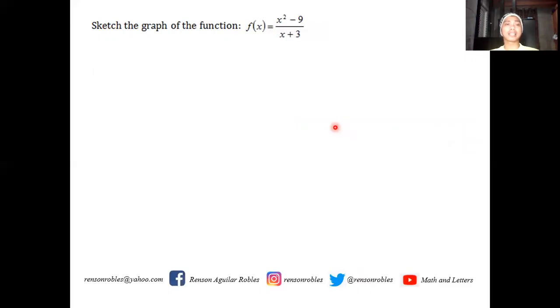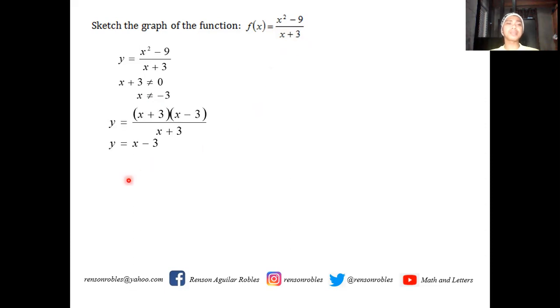I think this would be the last. We sketch the graph of the function f of x equals x squared minus 9 over x plus 3. Okay. Again, this is a rational function, so we might say that x plus 3 cannot be equal to 0. So we say that x cannot be negative 3, because when x is negative 3, the denominator will become 0.